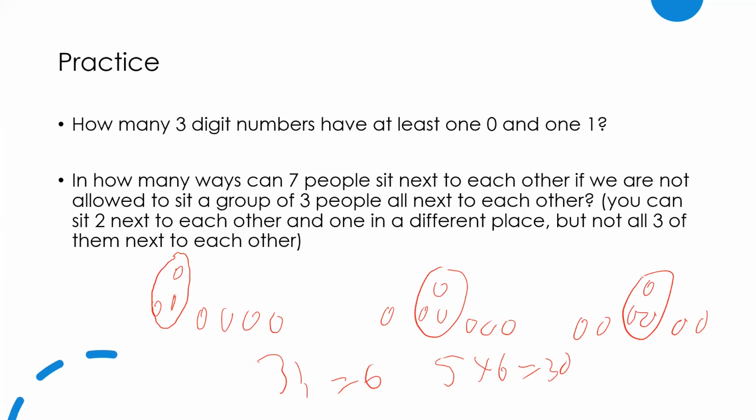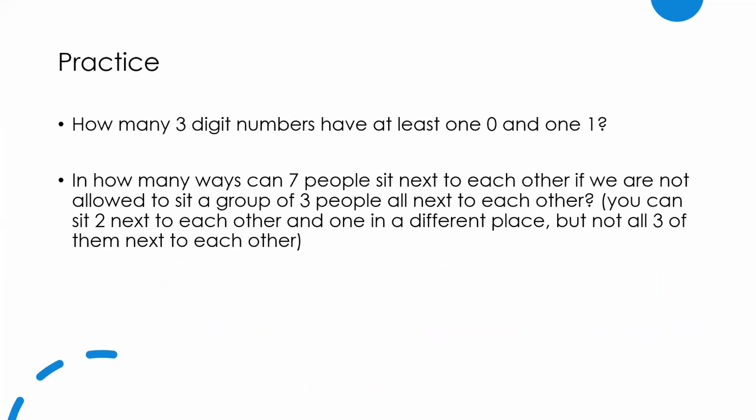So basically, this problem is complementary counting. We're trying to find the number of ways we can have all 3 people sitting next to each other. Since these 3 people are all in a group, we can just count them as 1 person right now.